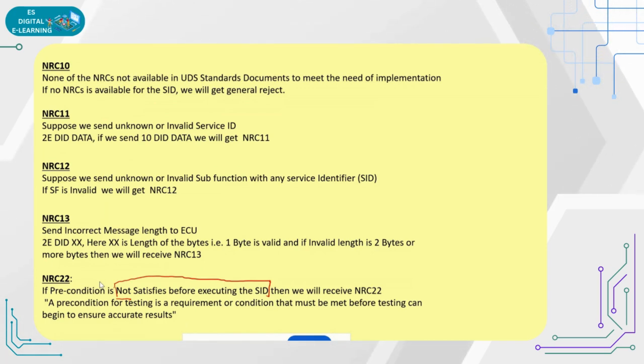Now the precondition is what we need to check before we do the action. Your action is to go to the Google search.